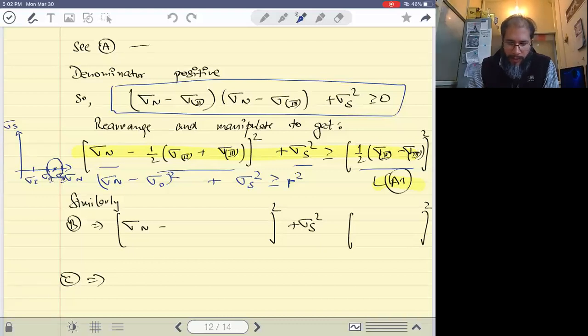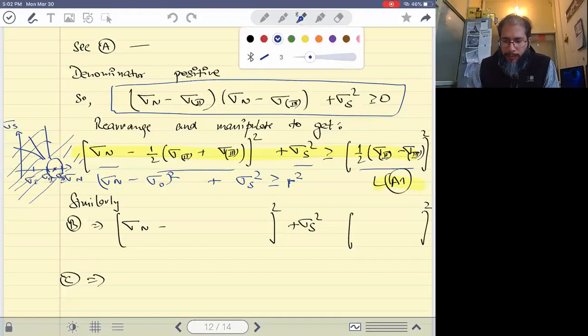And the region we are talking about is all the region outside this circle. So the stress cannot take any value which has a point sigma n comma sigma s inside the circle. It always has to be outside the circle.